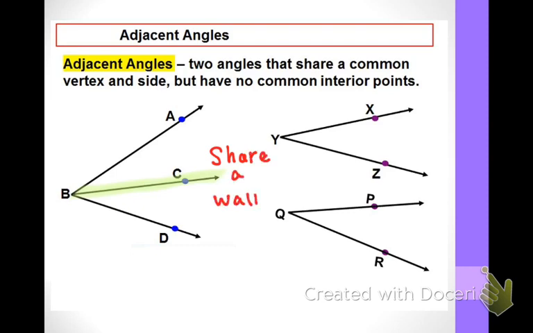This is the wall they share that you're going to highlight, and then you're going to label. We'll talk about the other picture you have in a second. So adjacent angles, they share a wall. You should have highlighted that and then written share a wall.